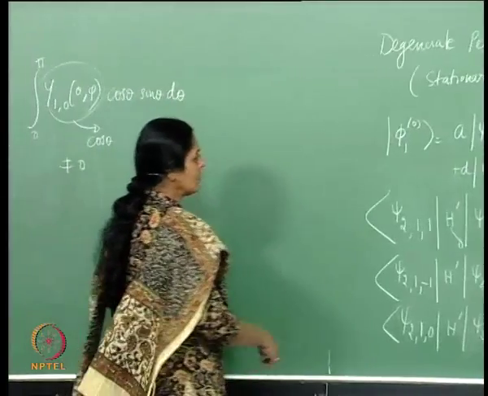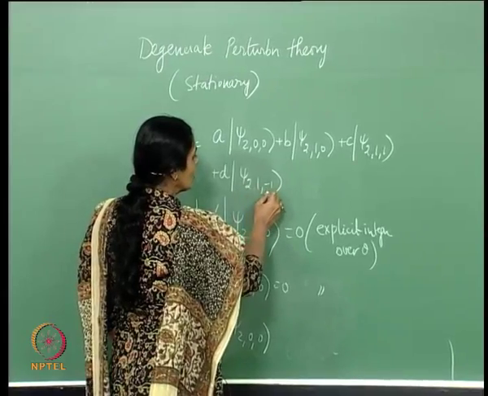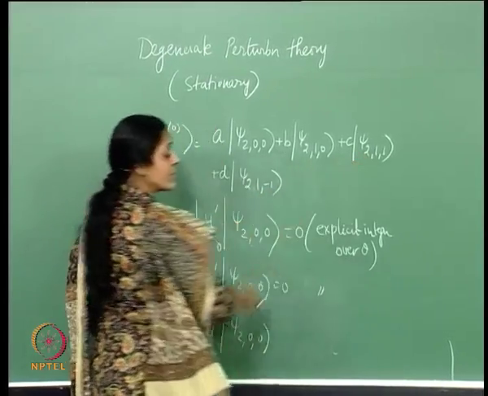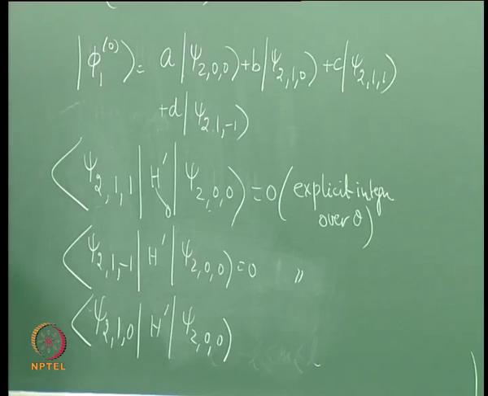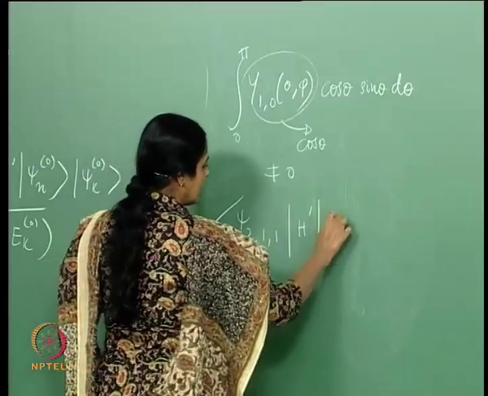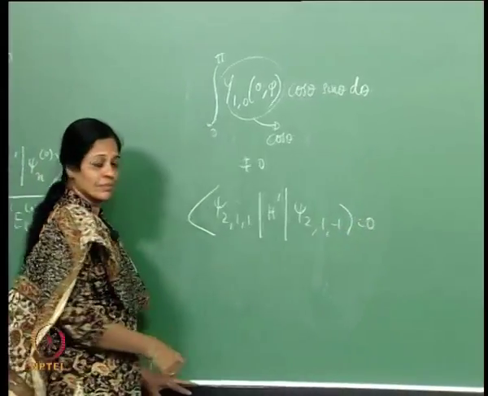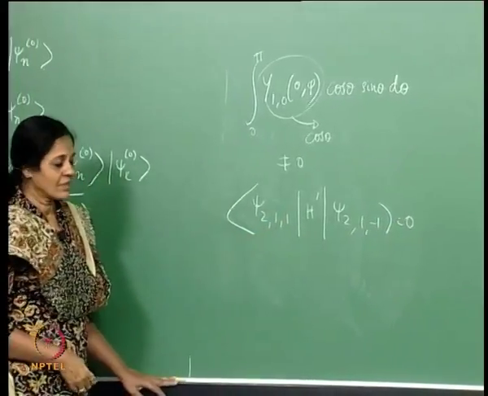And therefore there is no point in producing superpositions which include ψ21-1 and ψ211. If you consider the contribution of this type, this is also 0 by parity arguments.